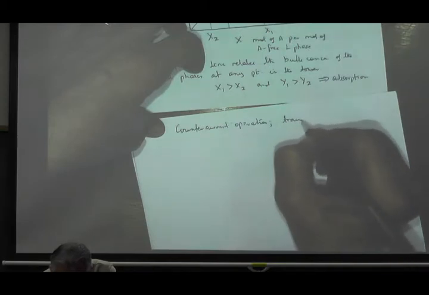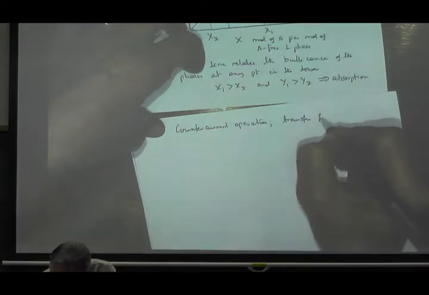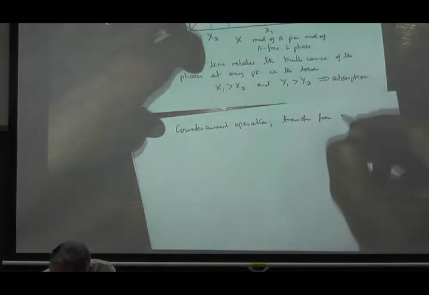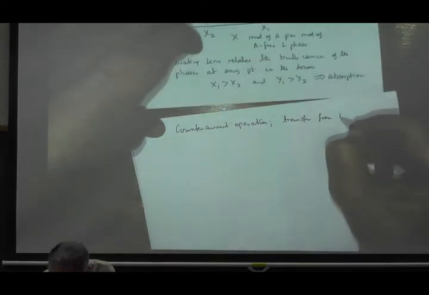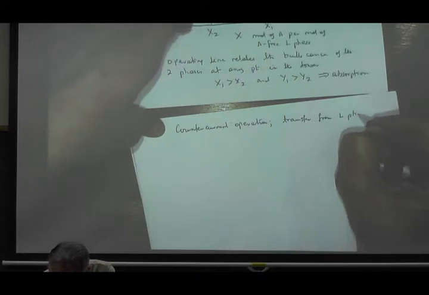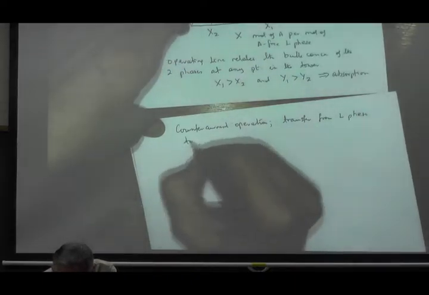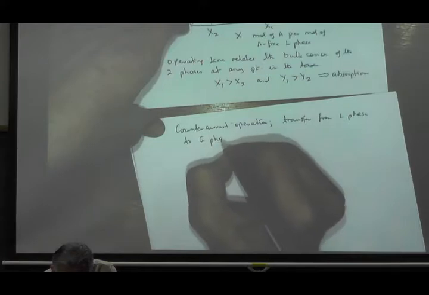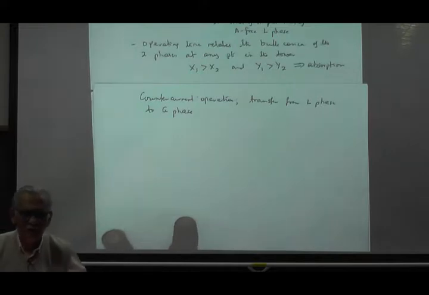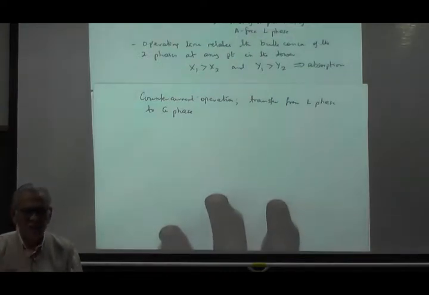Supposing you want to remove something from a liquid, quite often this happens is that you have a solvent in which you have absorbed something, and you want to recycle that solvent, and you remove it by what is called stripping.